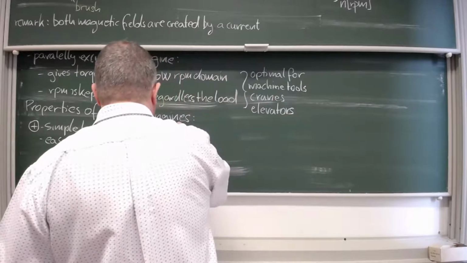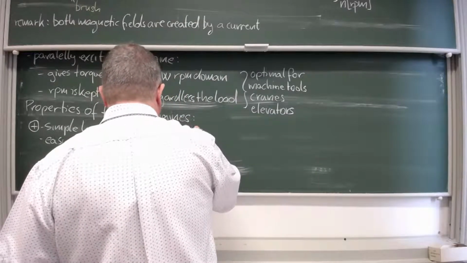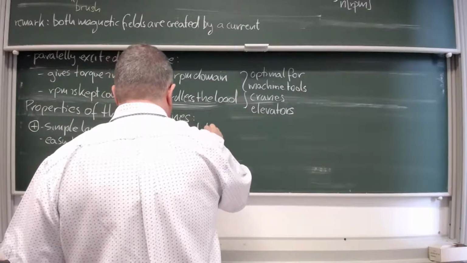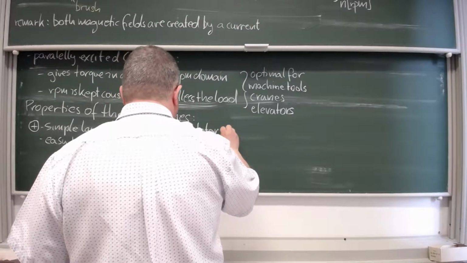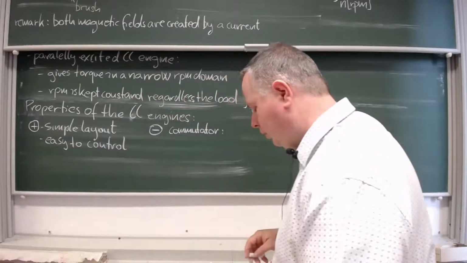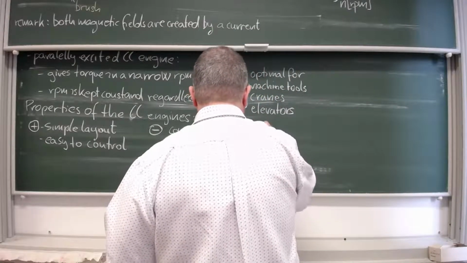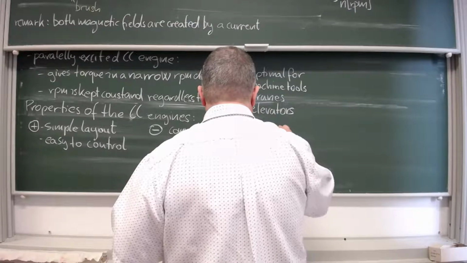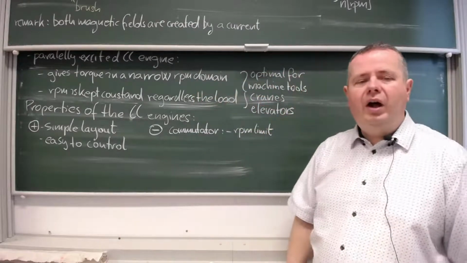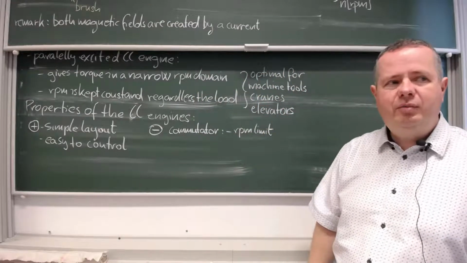You get the commutator. So you get an RPM limit. You cannot spin the rotor too high because the commutator will explode.